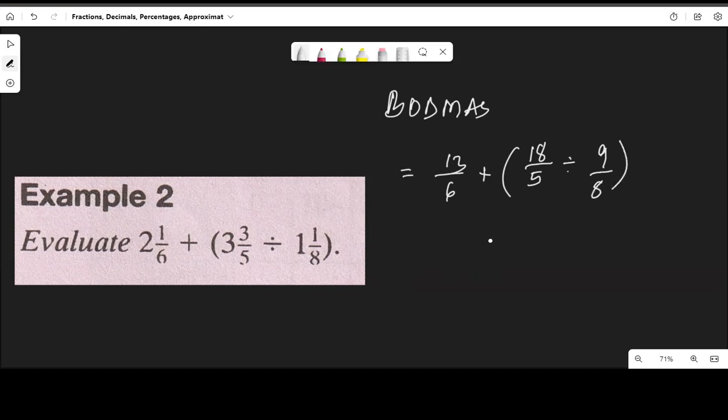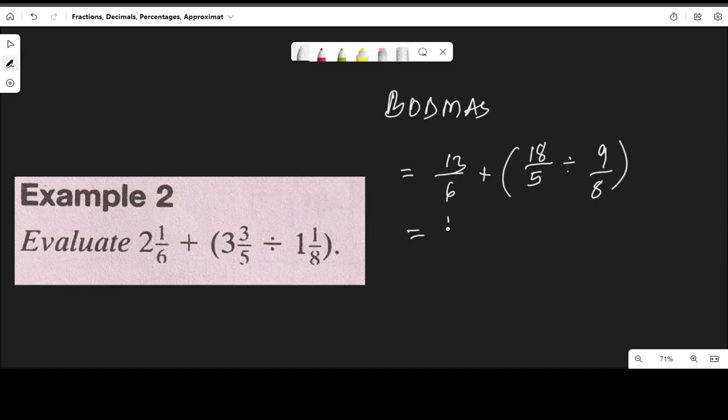So as I said earlier, we are going to solve the expression in brackets first. In doing that, when one fraction divides another fraction, the sign of division will change to multiplication, and we multiply by the reciprocal of the second fraction.